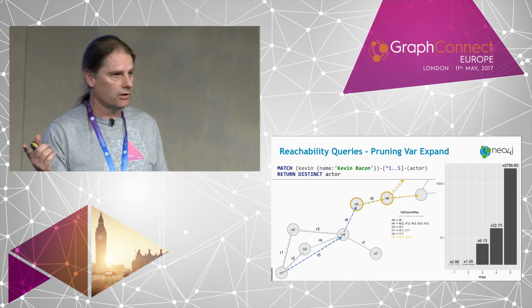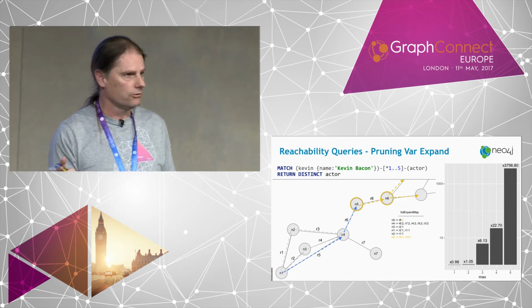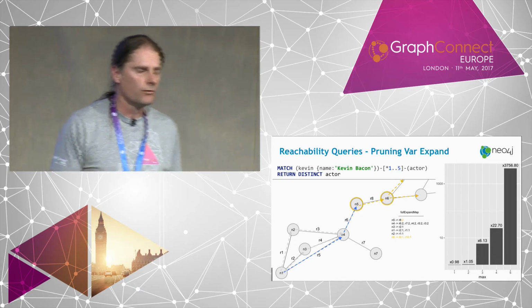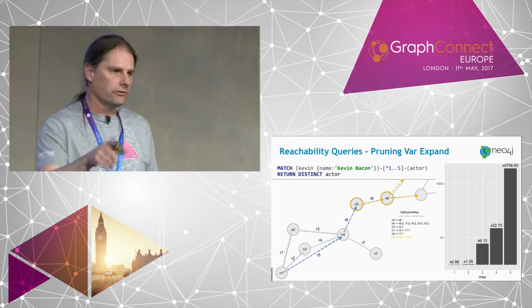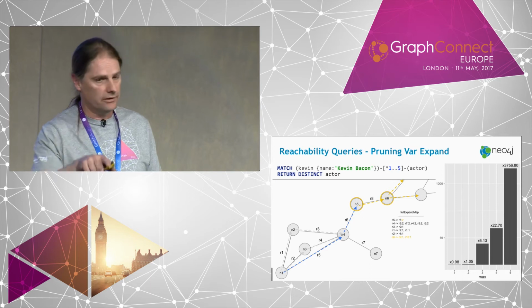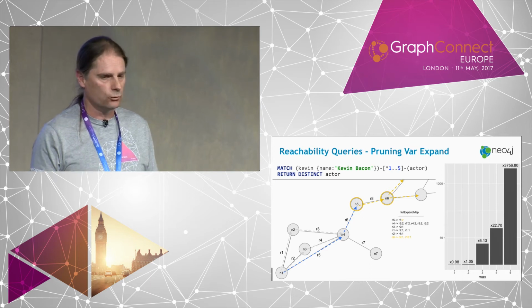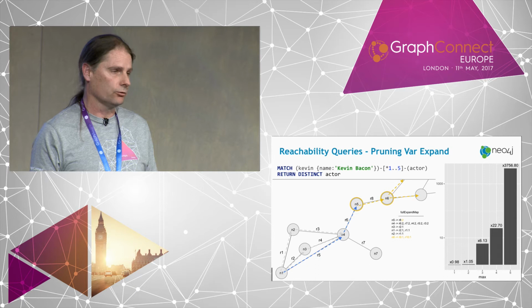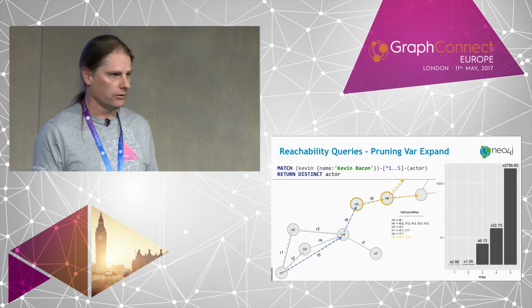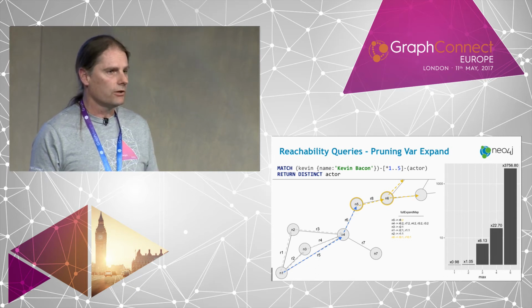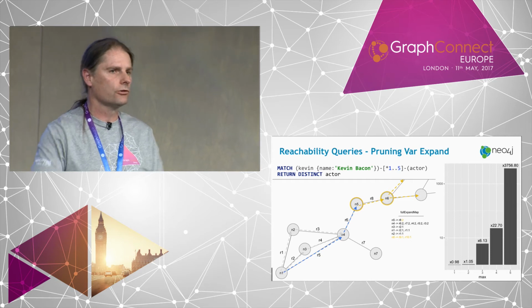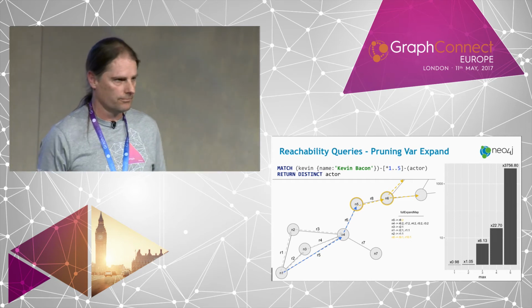Many of them will have the same end node. So you're actually doing unnecessary work. So the fix here is to say, if we see this kind of pattern and there's this distinct actor telling us we don't care if that actor occurs once or 20 times, we just need to know he's there. Let's try and reduce the solution space, not search every possible combination of the graph.